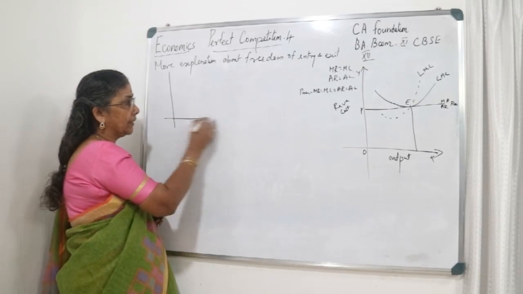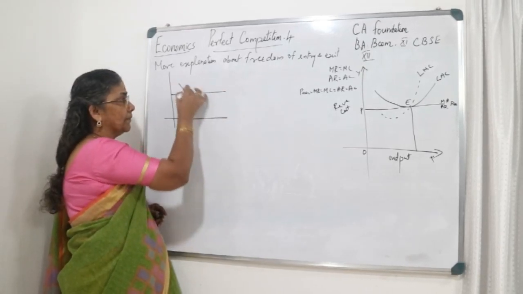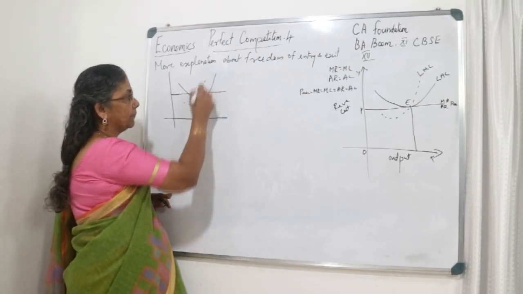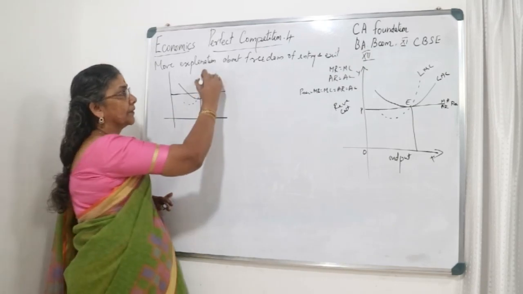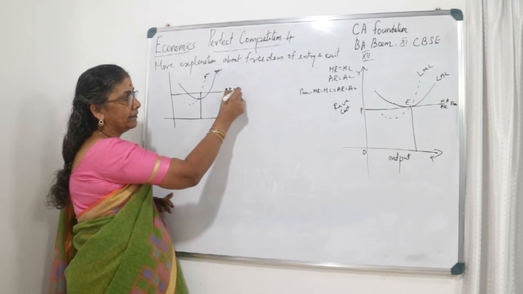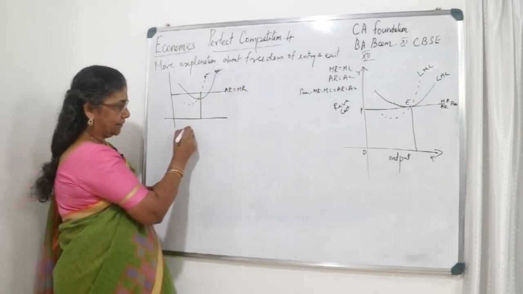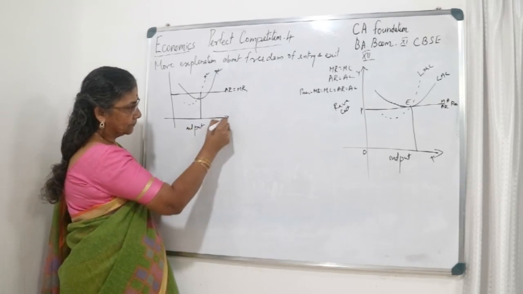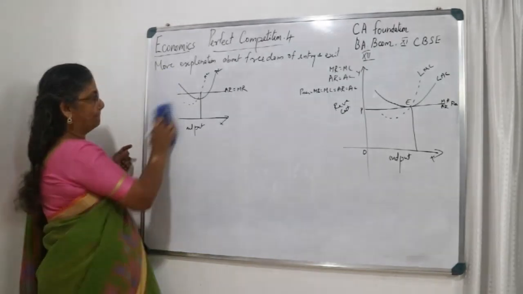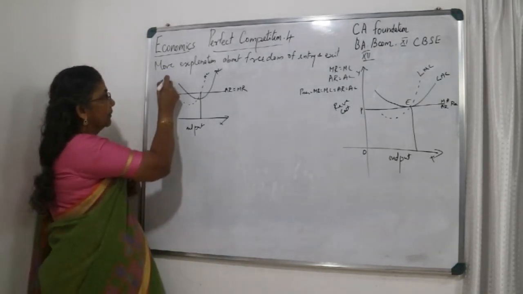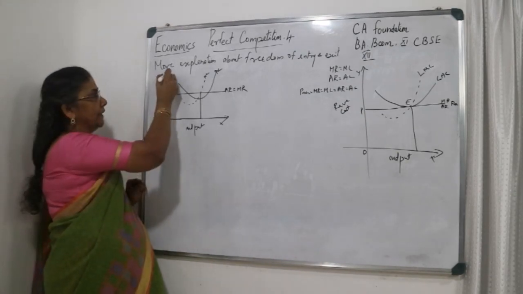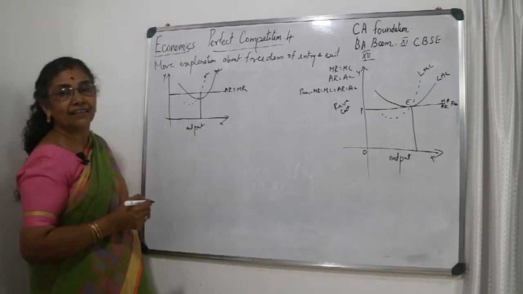If the firm is making abnormal profit, what will happen? Of course, in the same way we can find the equilibrium condition. MC, AC, AR, MR, output is on the x-axis, and here on the y-axis we are drawing cost and revenue curves.